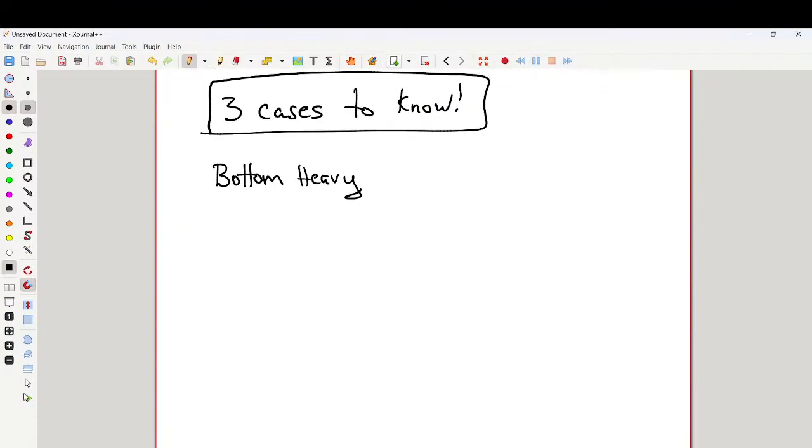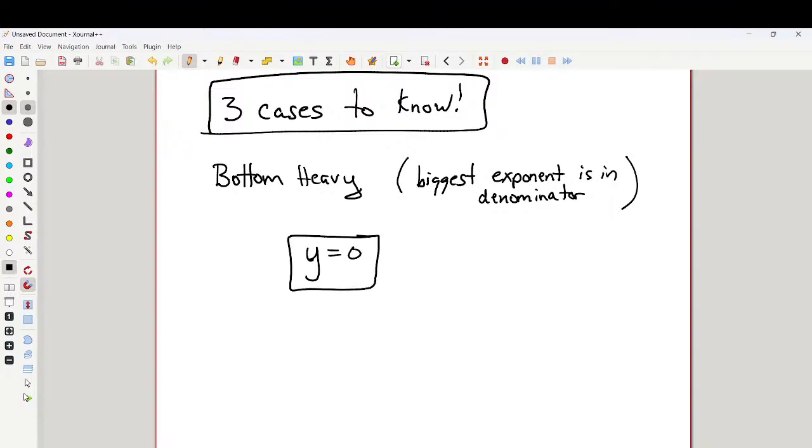We'll see some examples. So bottom heavy, which means the biggest exponent is in the denominator. Y = 0 is the horizontal asymptote. You will explore it in calculus, but I'm telling you this is a must-know.